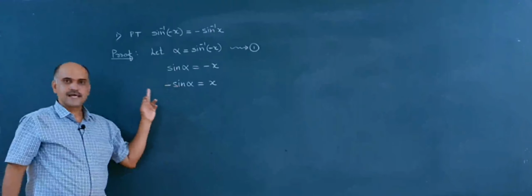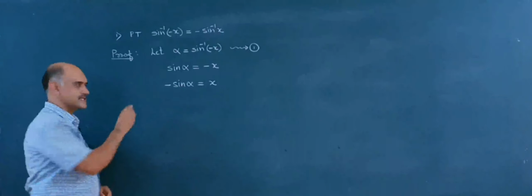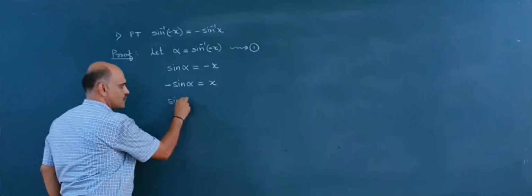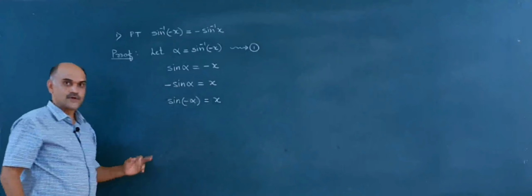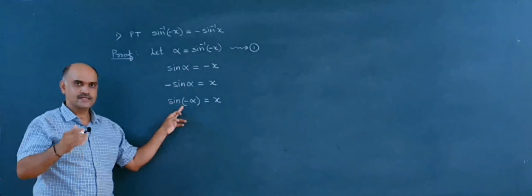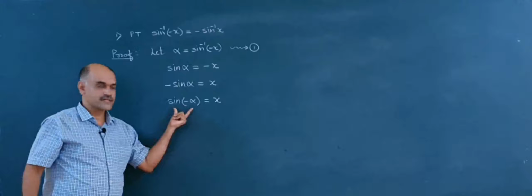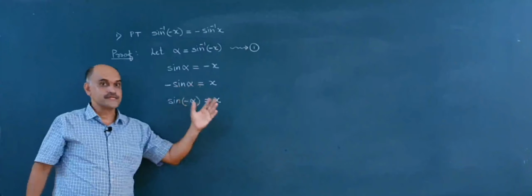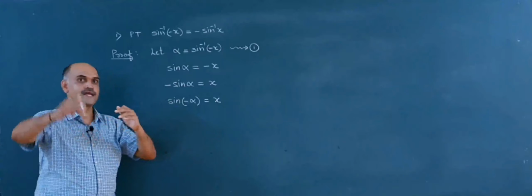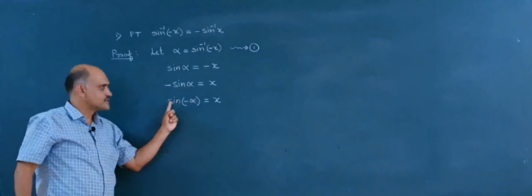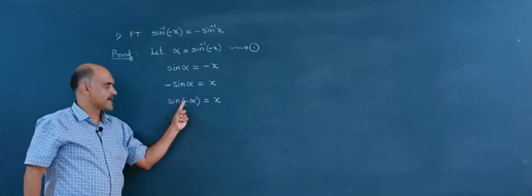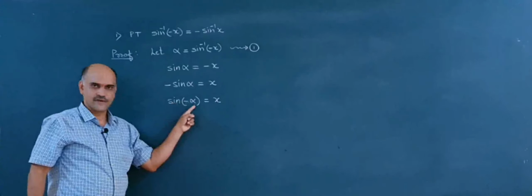Now minus sine alpha, I can write as sine of minus alpha is equal to x, because sine of minus theta is minus sine theta. We have studied it in first year, and the principal value will be from minus 90 to plus 90, meaning first quadrant and fourth quadrant.